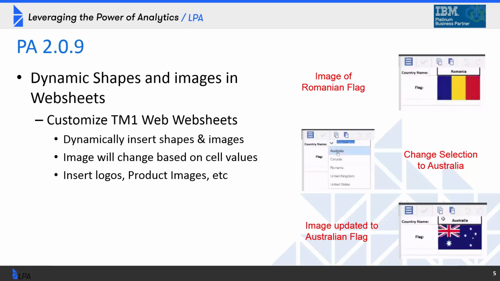You pick Romania, the Romanian flag comes up. And you can change that, and it will automatically change based upon the cell values. You can put logos, product images, etc. So this is pretty powerful in your visualization effort with your planning analytics environment.